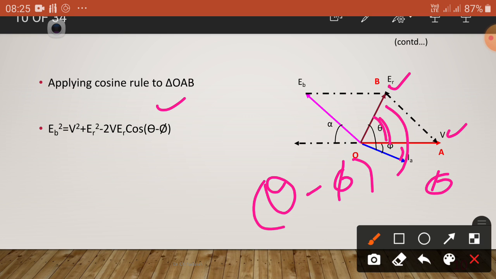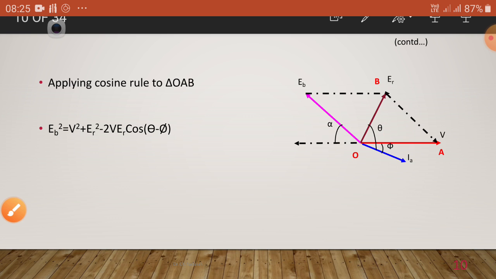So what is the cosine rule? Cosine rule is the sum of the two vectors. So EB square, the back EMF whole square, is equal to V whole square plus ER whole square minus 2 into V into ER into cos of theta minus phi. So that is the one equation.